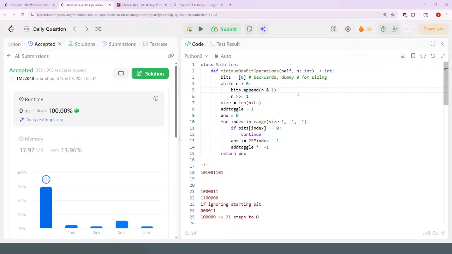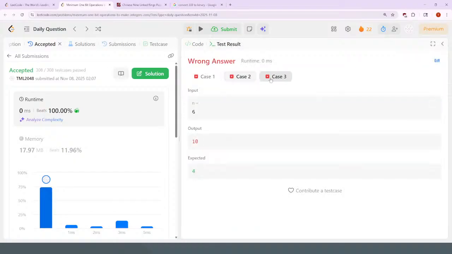Was it changing it from bit equals n mod n and bitwise 1? That shouldn't have been wrong either. What's going on? It's all wrong. All very wrong.